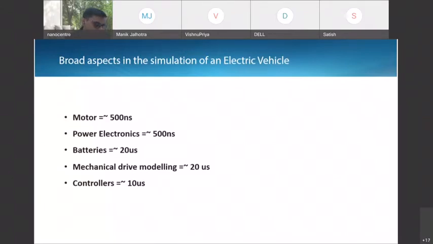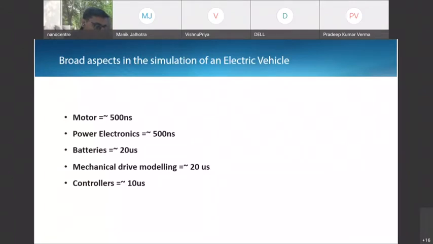We need to understand the physical nature of the component which we are trying to simulate. When we are working in the mechanical domain, the moment of inertia is very high, so the time step can be in the seconds range.